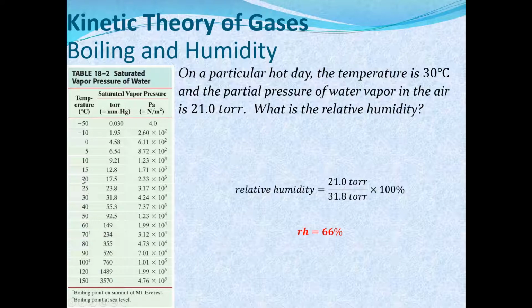If we're looking at this, it's going to be somewhere between 20 degrees Celsius and 25 degrees Celsius. More likely something like 23, 24 would be the dew point of this air pressure. So for this question, you have that the relative humidity is 66% and that the dew point is about 24 degrees, 23 degrees Celsius.